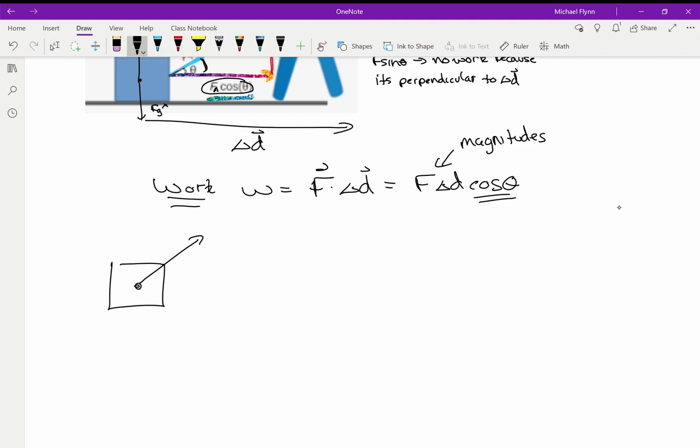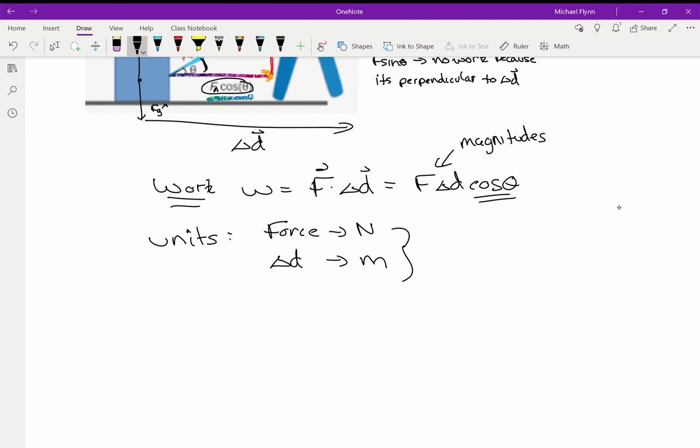Actually, wait, before we talk about the example, let's talk about units. What are the units of work? How do you measure work? Pretty straightforward. The unit of force is newtons. The unit of delta D is meters. Putting these together, the unit of work should be Newton times meters.